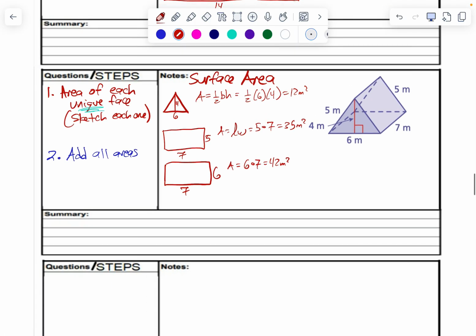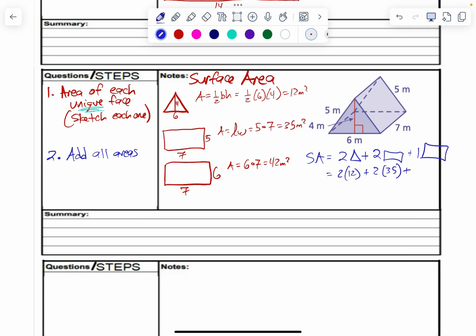And let's go over here now. So the total is 2 triangles plus 2 of the littler rectangles plus 1 bigger rectangle. You don't have to draw the little pictures if you don't want, you can just add them up. All right, so 24 plus 70 is 94.